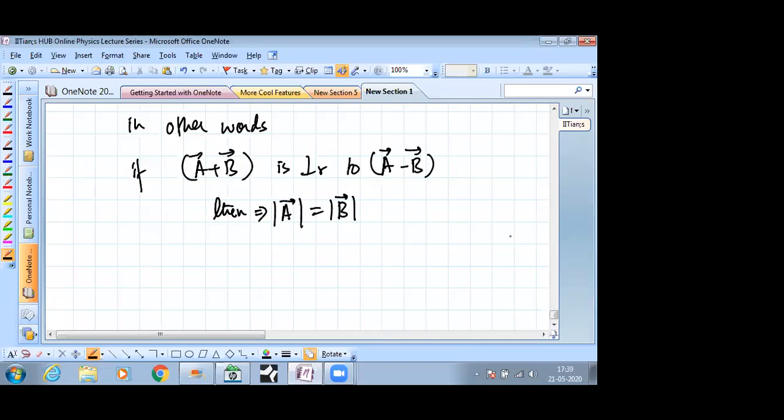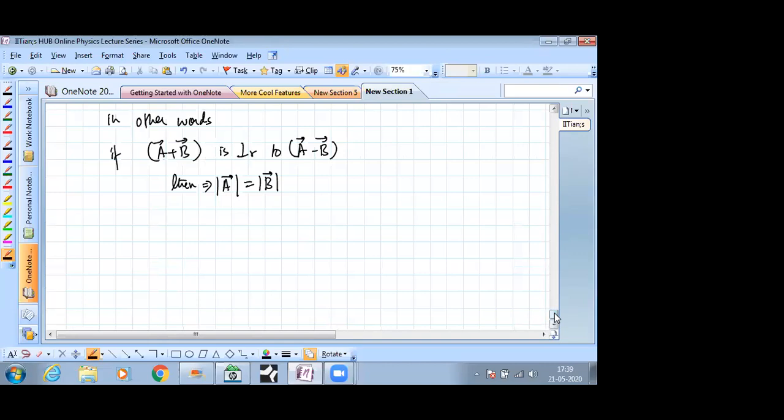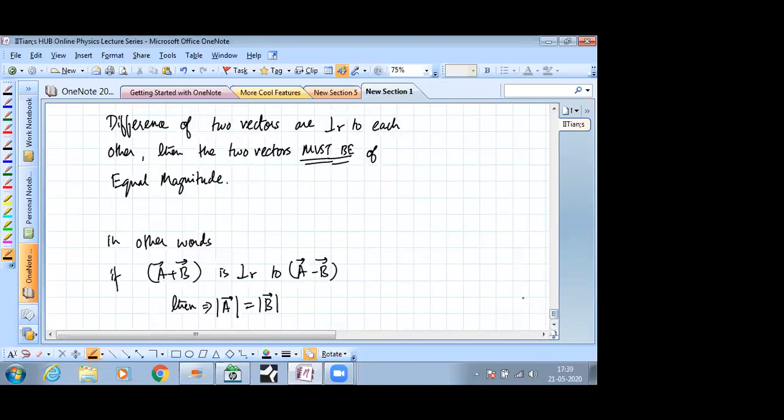Okay. This is what this statement is basically saying. And next we will see multiple ways of doing the proof of this. Okay. So try this out.